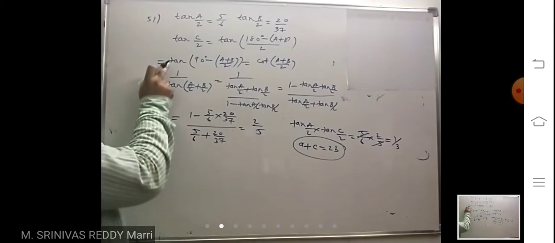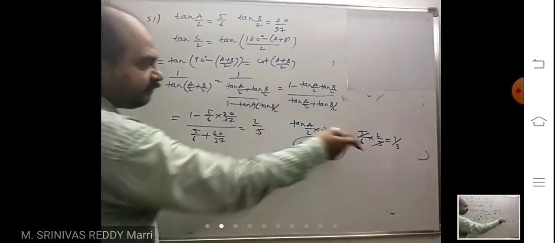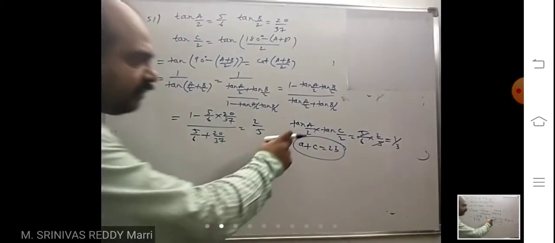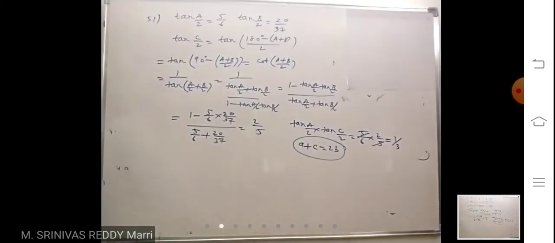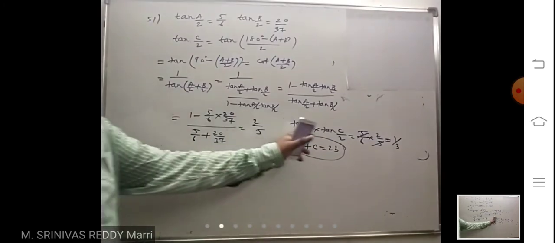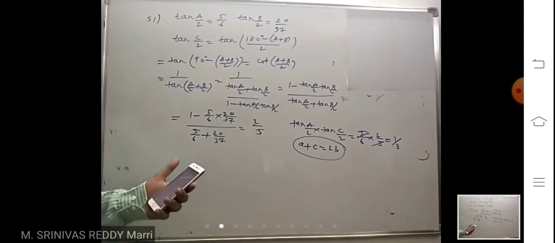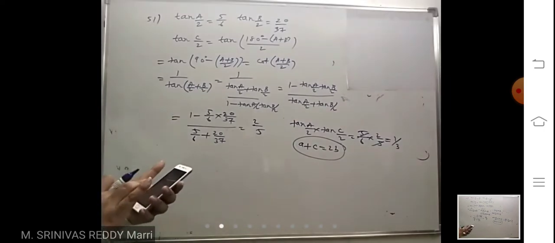That's why you calculate tan C by 2. This multiplication is 1 by 3. Then according to the rule, you will get A plus C equals 2B. This I told as the shortcut. Now what is the question asking?